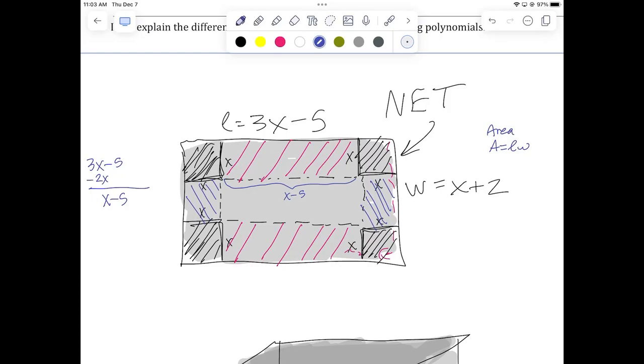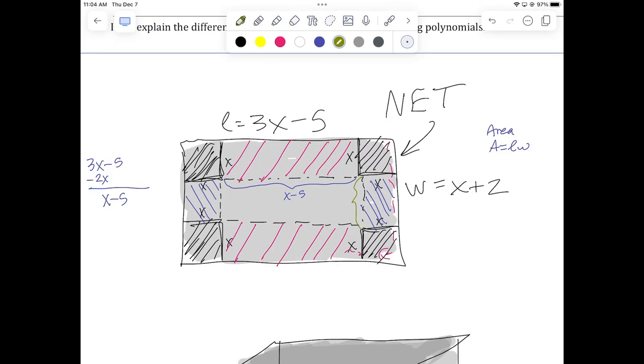All right, let's take a look at this fellow right here. That started as x plus 2, and I cut an x out from each side. So what would x plus 2 minus x give me? This whole thing is x plus 2, and I took out an x from both sides.